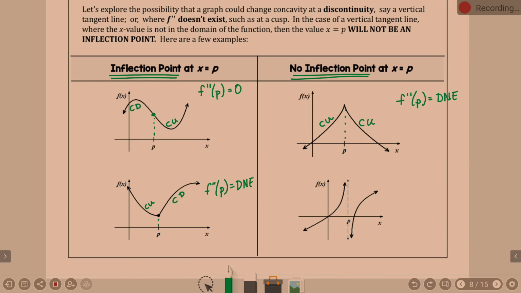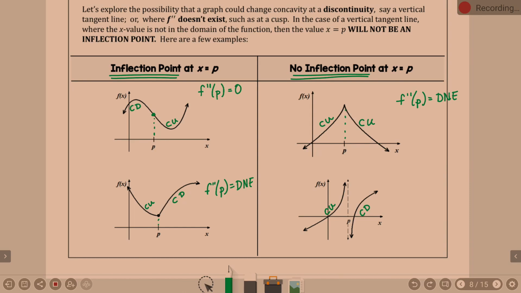And this is the other one. At P, there is a discontinuity. Curved up on the left, so concave up there, curved down on the right, so concave down there.